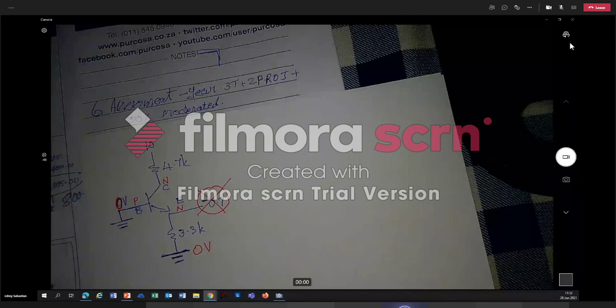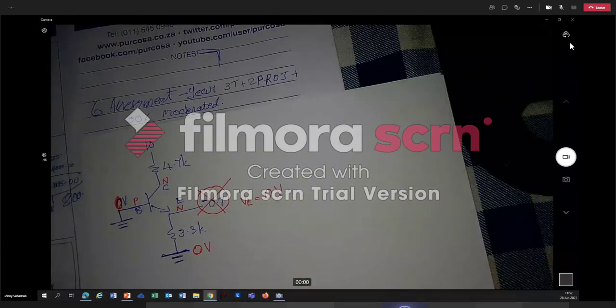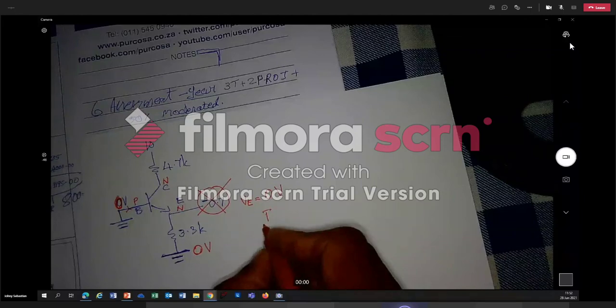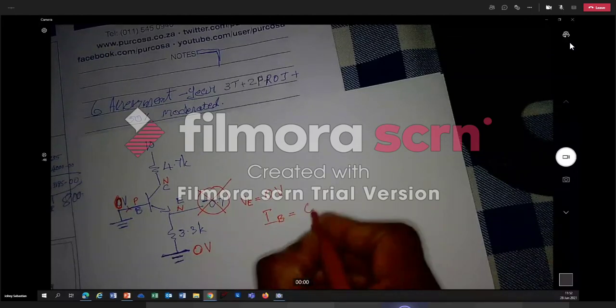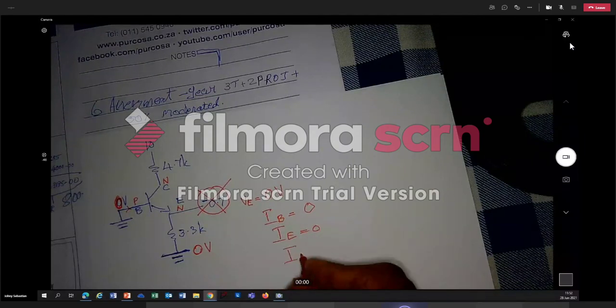So if this voltage is 0 and that voltage is also 0, voltage at the emitter will remain at 0 volt. That means there is no base current, or IB is 0. IE is 0 and IC will be 0.